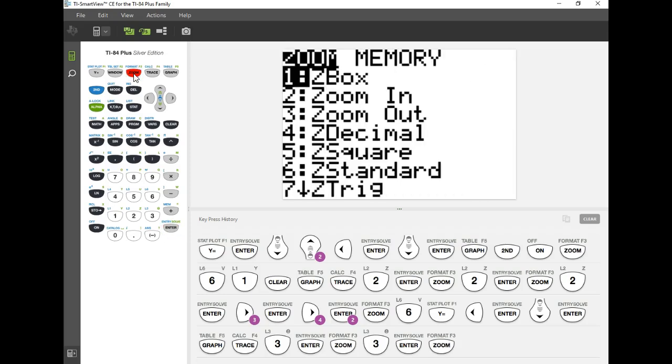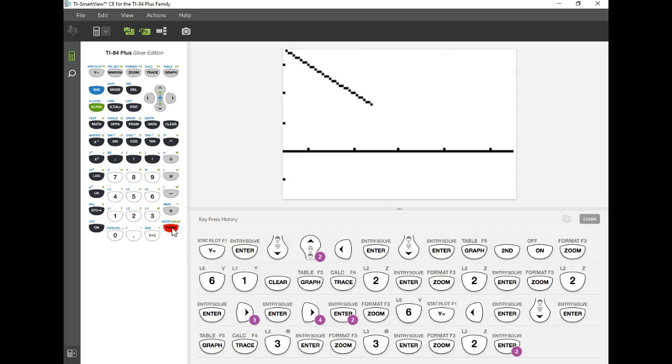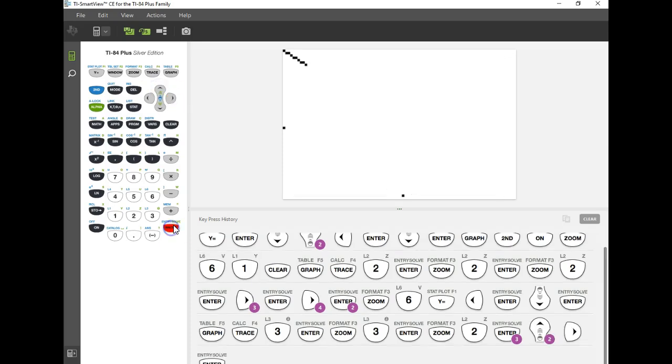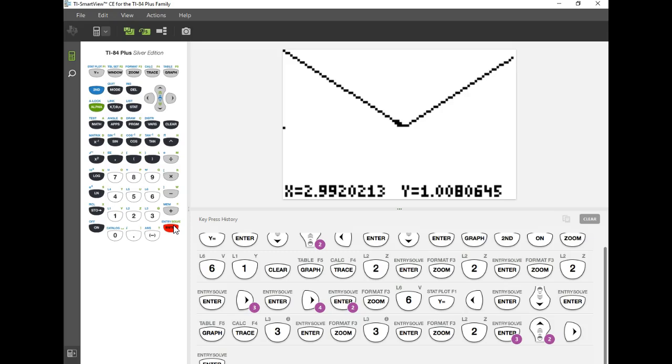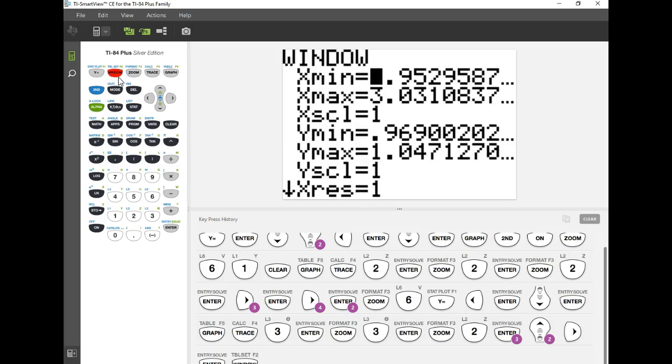If I zoom in on that spot, no matter how tight I zoom in on this location, the graph will always look like a V. That shouldn't be a surprise. In fact, let's take a look at the window. It's a whole whopping 0.1 away, not even. So it's a really, really tight window, but it still looks like a V. That's not locally linear.